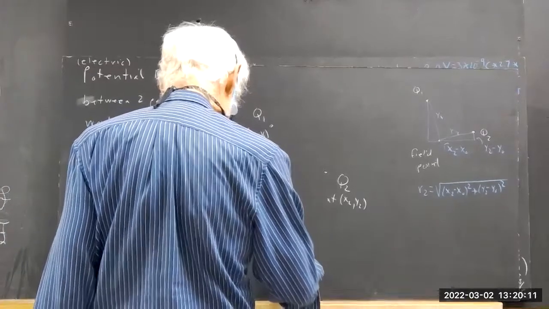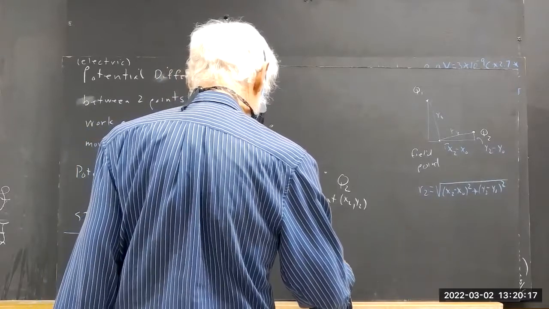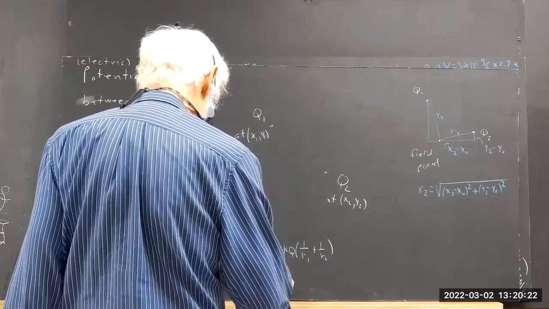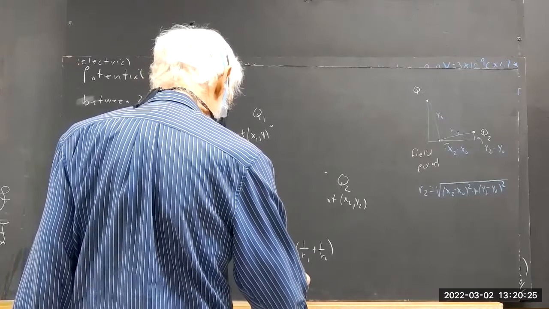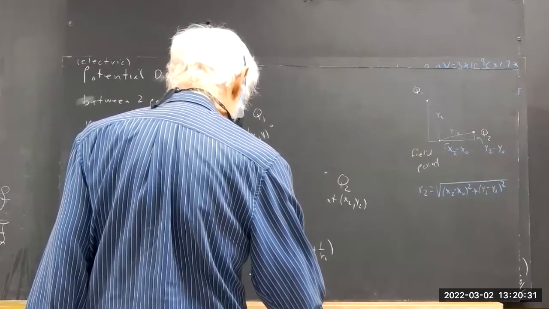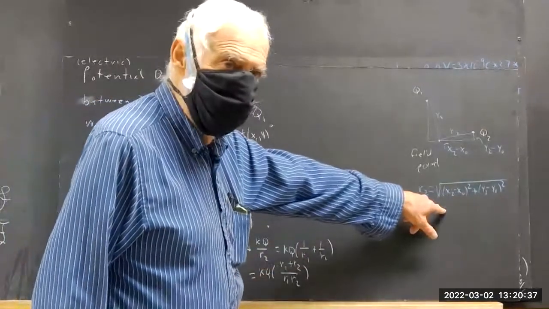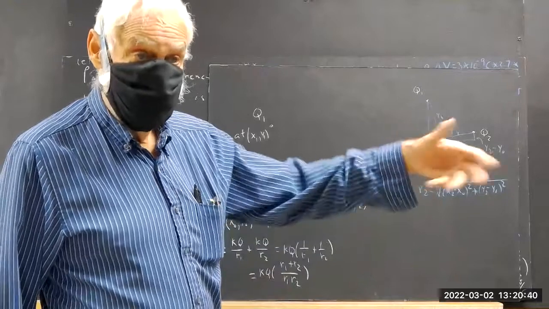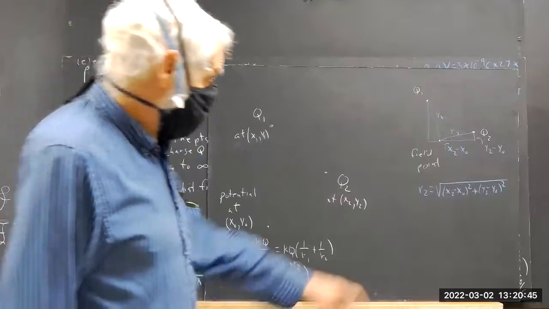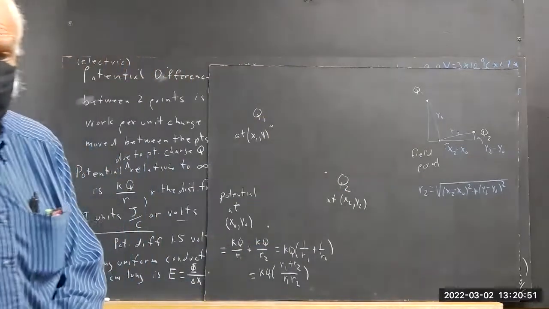Which we could write, of course, as KQ times 1 over R1 plus 1 over R2, which we could even write as KQ times R1 plus R2 over R1 times R2. And R1 and R2 are the expressions in terms of X1, Y1, X2, Y2, and X naught, Y naught. R2 would be this. R1 would be the corresponding expression at the other point. Okay.